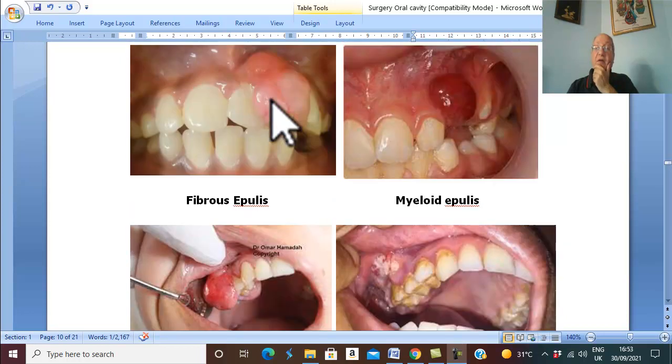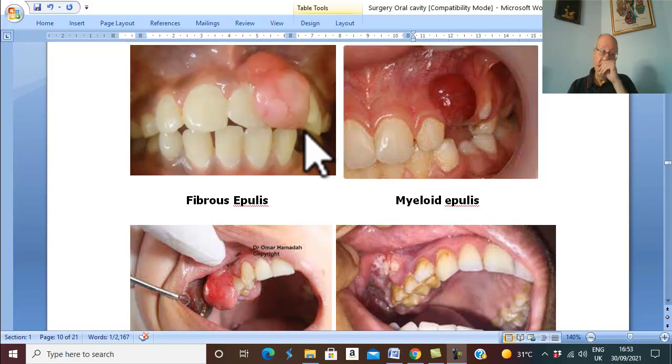What is the treatment of fibrous epulis? The treatment is treatment of the cause, that is treatment of the affected carious tooth, then complete excision with a wide base related to the mucoperiosteum of the gum, because here the mucous membrane covering the gum is closely adherent to the periosteum of the underlying bone, therefore it is called the mucoperiosteum.